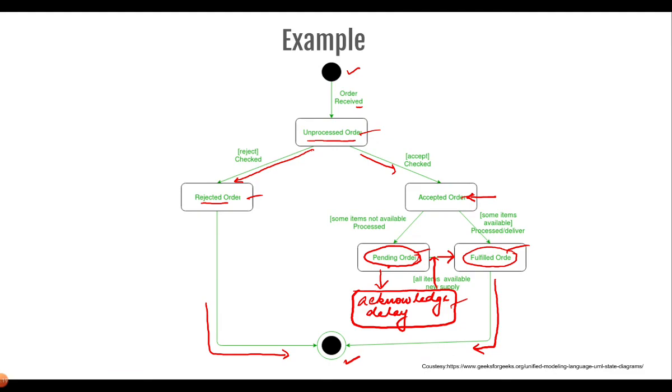If you had to represent this in an activity diagram, you would have to include all the commands as well, like process order, reject order, accept order, then show order pending. So all the different activities could have been shown in an activity diagram. However, here the states are represented using the different states of the system.